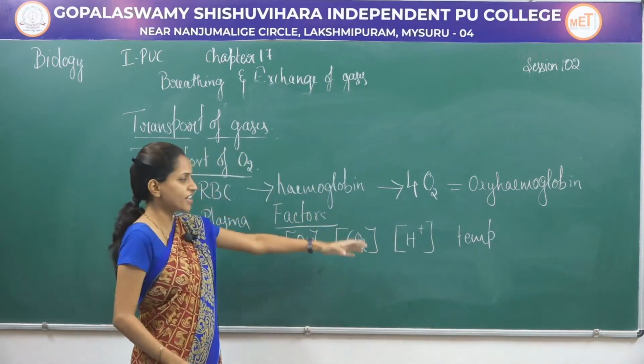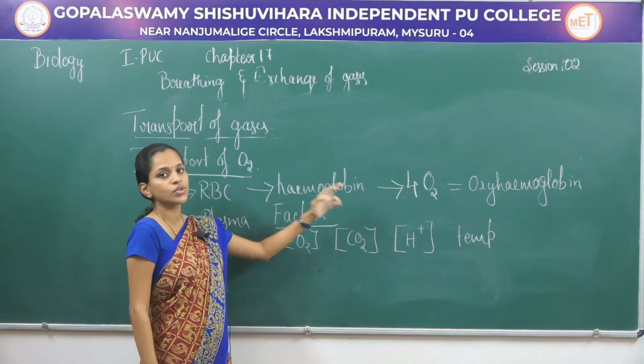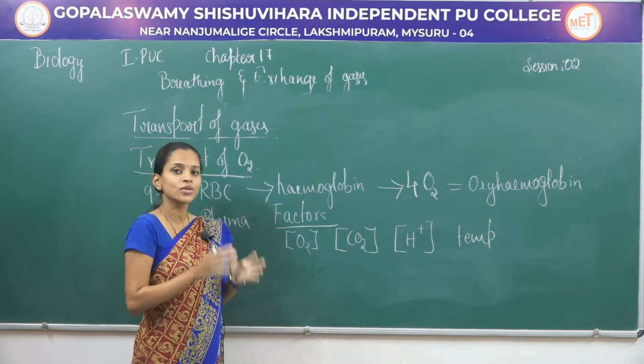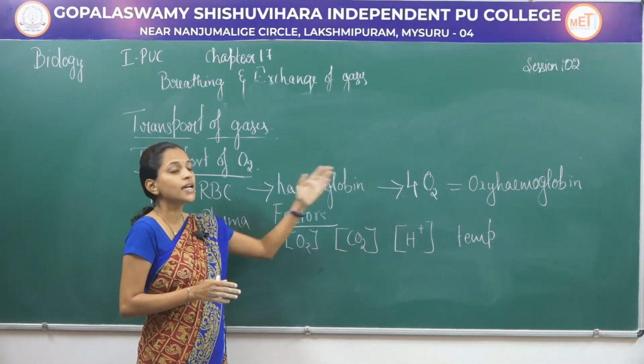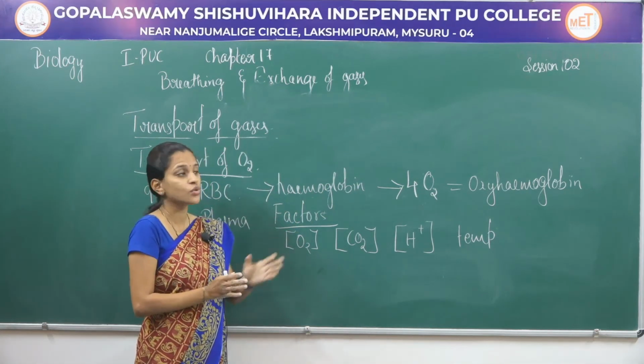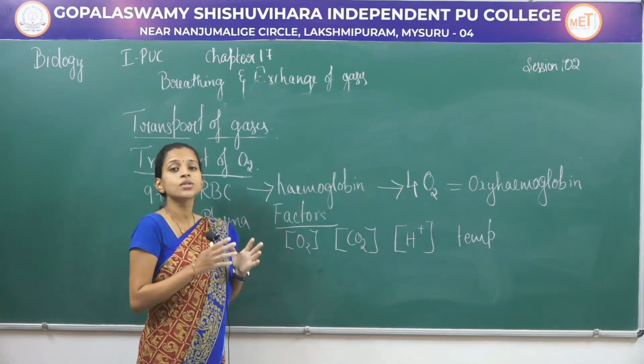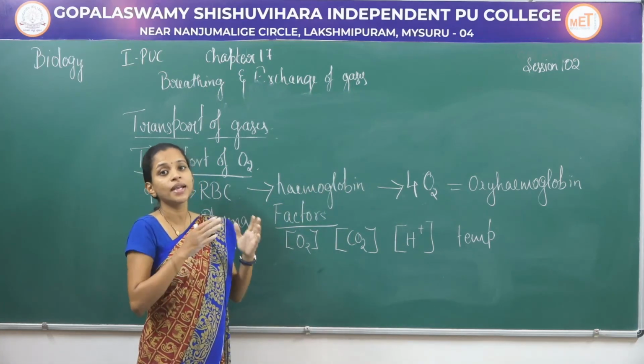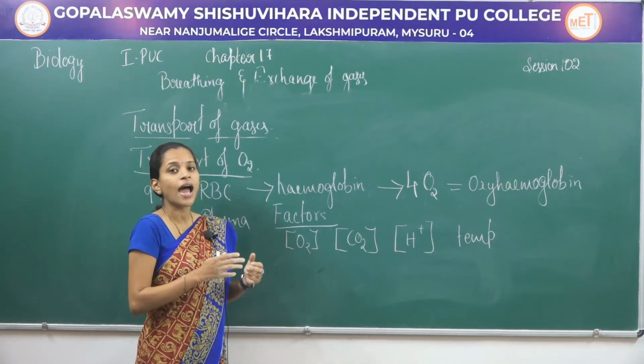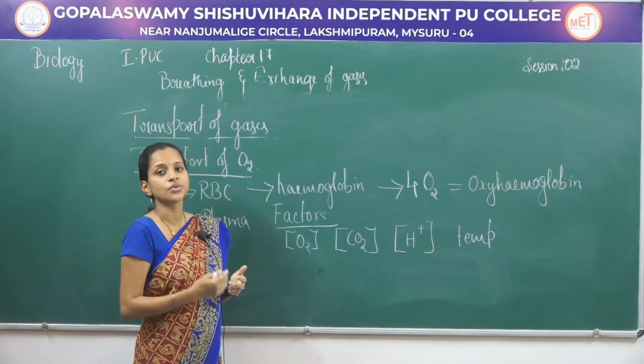So, 4 factors contribute to association or dissociation. Association is oxygen combining with the RBCs to form oxyhemoglobin. Dissociation is oxygen separating from the RBCs and getting transferred or diffused into the tissues.